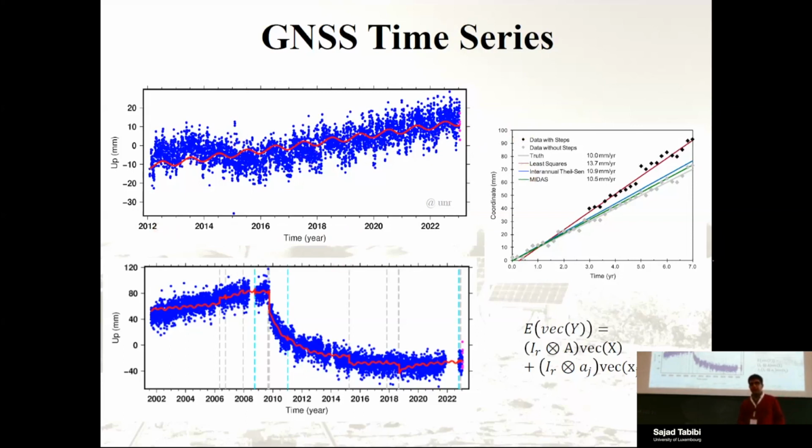The model we use is the least squares variance component estimator. As you can see, the functional model is here. We included a second term to automatically detect the offset.